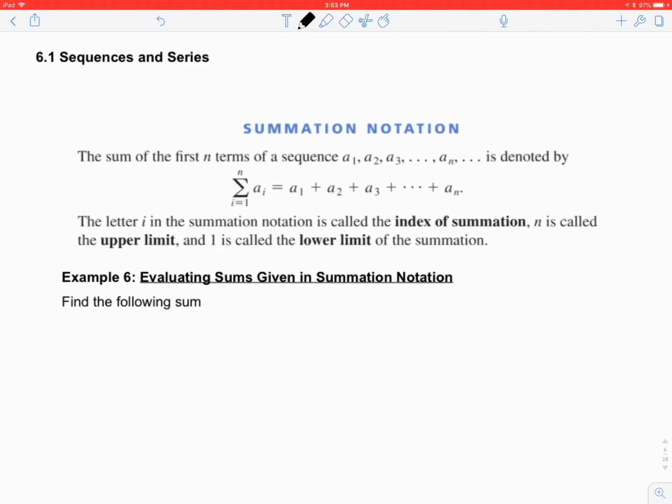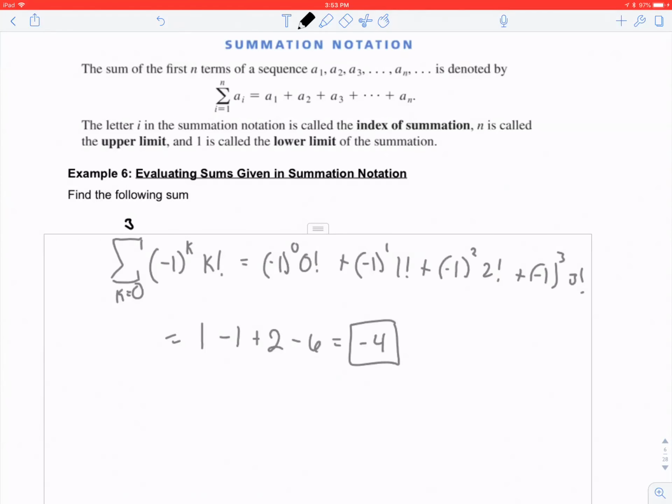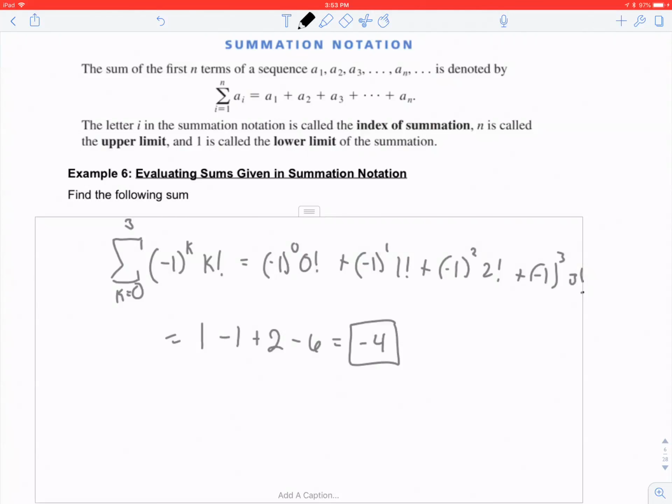Oh, this one. I think it might be, is it here? Yeah, so let's, we need that part. Find the following sum. 0 to 3, negative 1 to the k, k factorial.